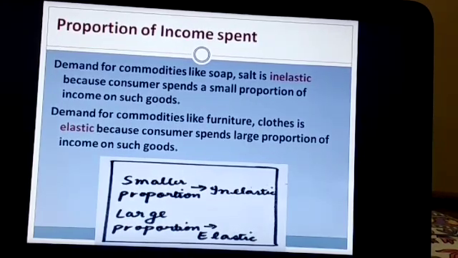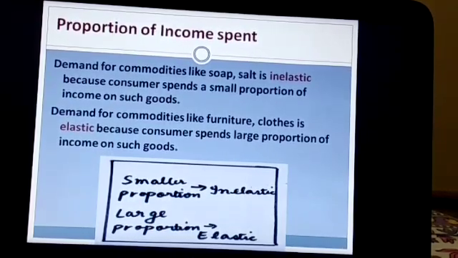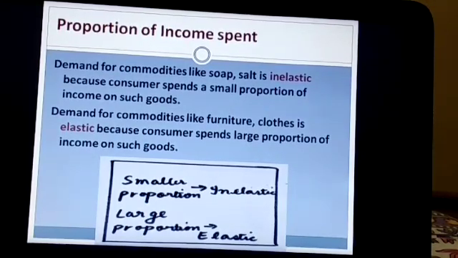These luxury items take a large proportion of money income, so consumers wait for the price to fall and then increase consumption. So a smaller proportion of income means inelastic demand, and a large proportion of income means elastic demand.